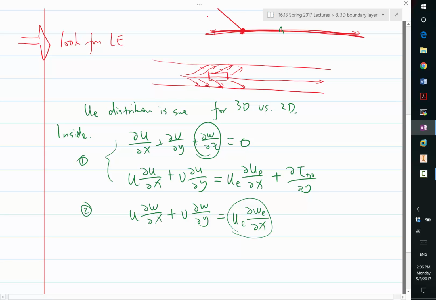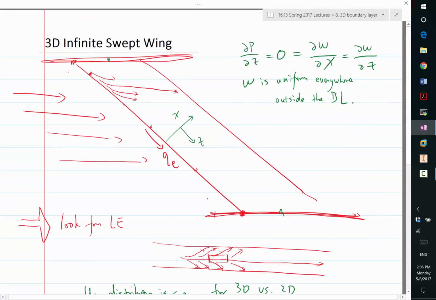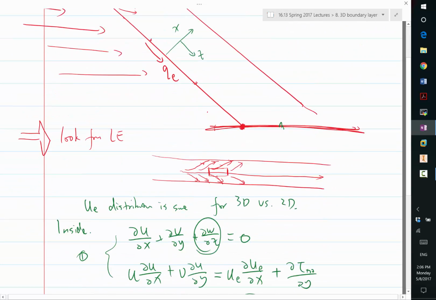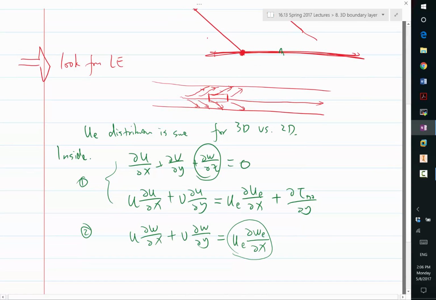Because we is constant. So in other places we eliminate the w's because of the z derivative. In here we eliminate even the x derivative because our previous analysis shows you the w velocity outside is always constant.